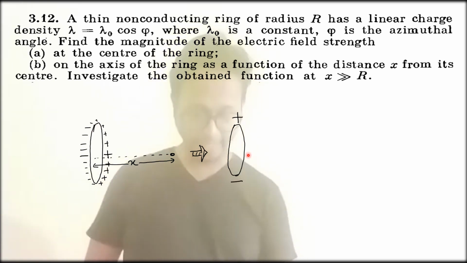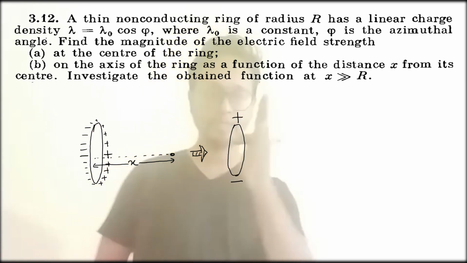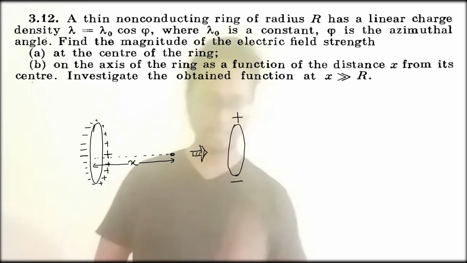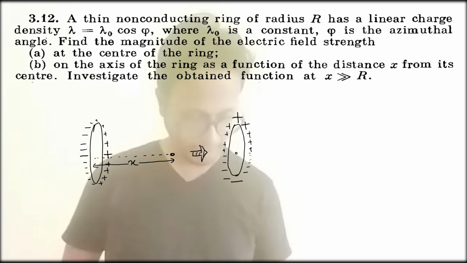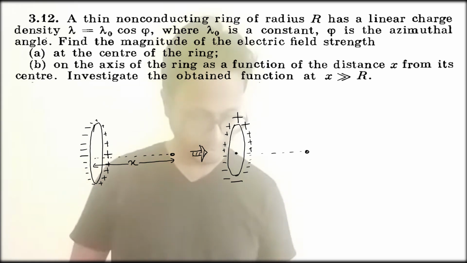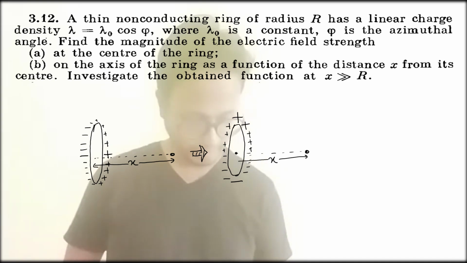This entire ring is rotated by 90 degrees. So out here positive charge would keep on decreasing, negative charge would keep on increasing, negative charge would keep on decreasing, positive charge would keep on increasing. And you have to find out the net electric field at this point, at X from the center of the ring.